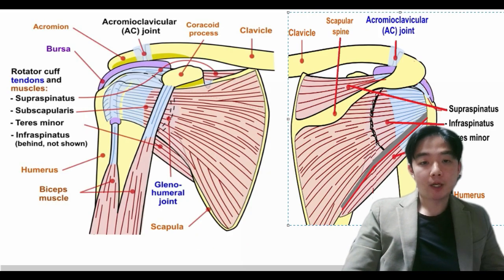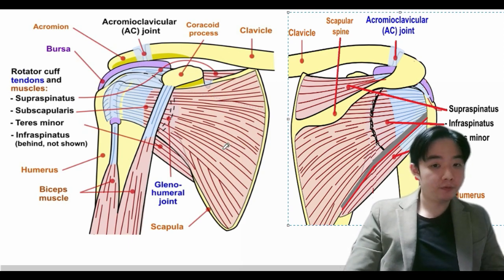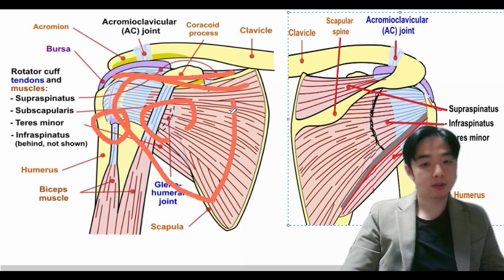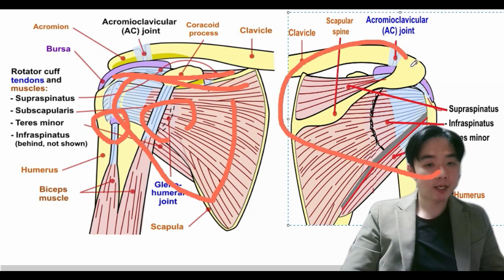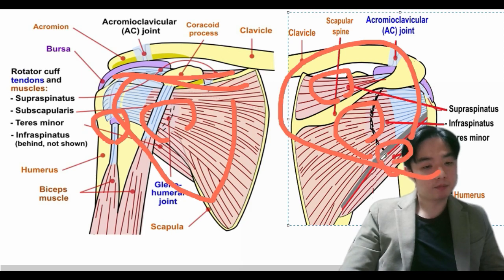I'll tell you about the anatomy of the shoulder briefly, for 50 seconds. On the front view, you can see short and long heads of biceps tendon. Also, subscapularis muscles are here. On the back side, supraspinatus, infraspinatus, and teres minor muscles can be identified.